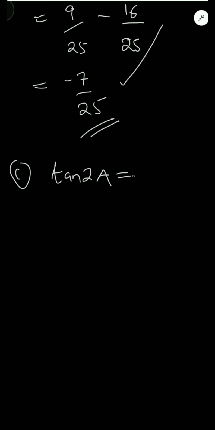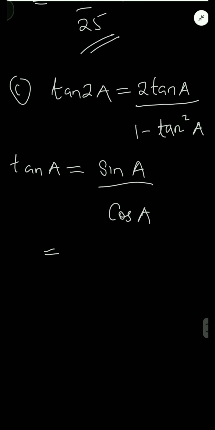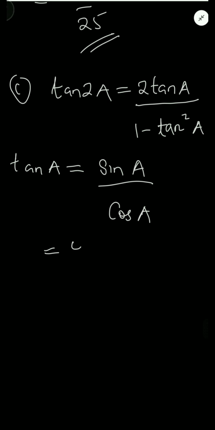Okay, we then go to C. So C is tan 2A. We also apply the double angle identity, which is 2 tan A over 1 minus tan squared A. Now here we don't know what tan A is, so we're going to use another identity, where tan A is equal to sine A over cos A. So sine A is 4/5 divided by cos A, which is 3/5.